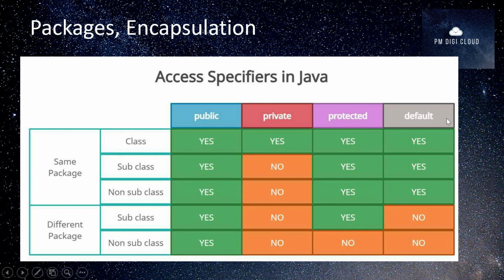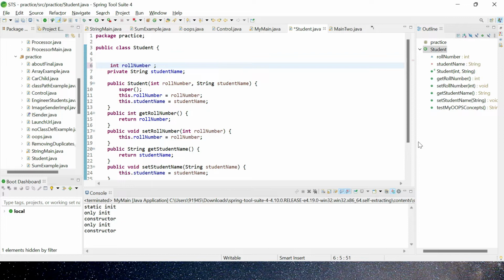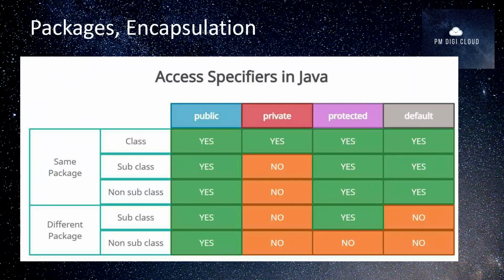So when you make it default, what will happen? In the same package, any class will be able to access that. As we saw with the private constructor, if from other classes you want to create an instance or access any method that is default, where you have not specified public, private, or protected, then it will be accessible only in the same package.